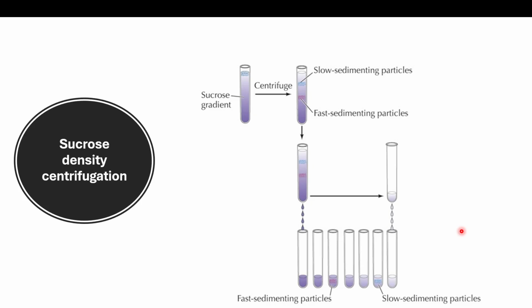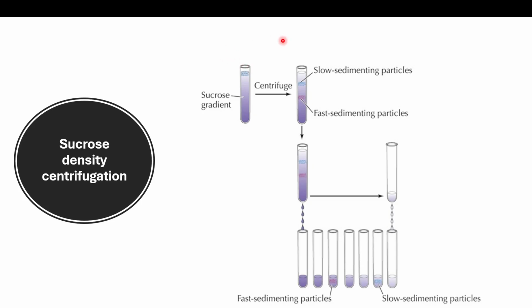So this is more or less the same thing, another type of gradient centrifugation. Since all the individual organelles or cellular components have different densities, at different densities of sucrose, whenever centrifugation happens, suppose we talk about two densities here, A and B, and suppose two cell components, 1 and 2.